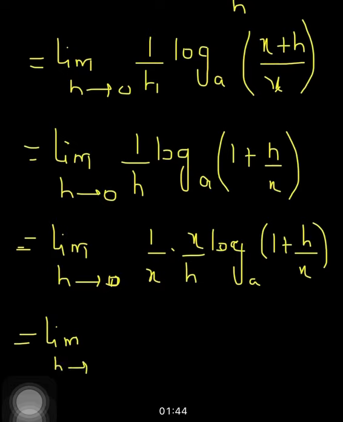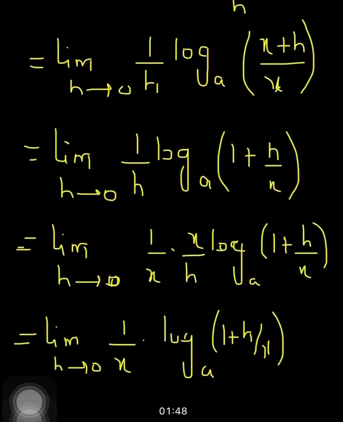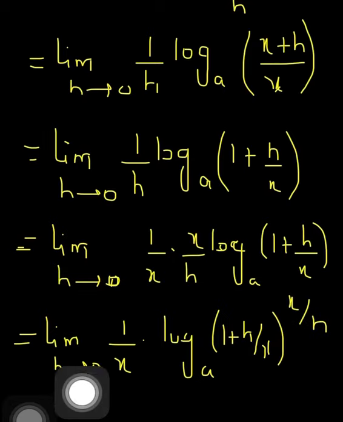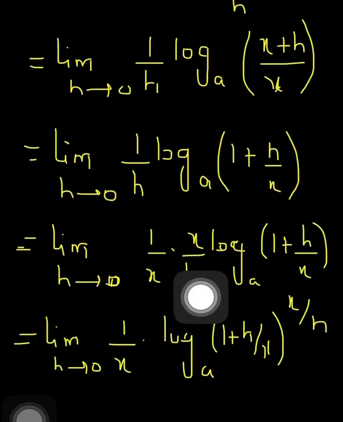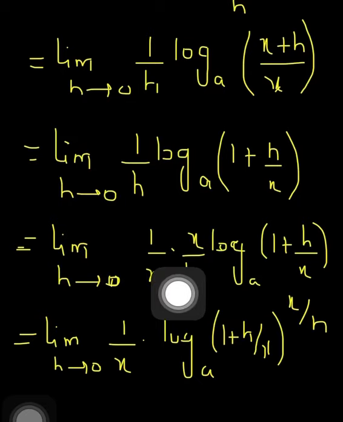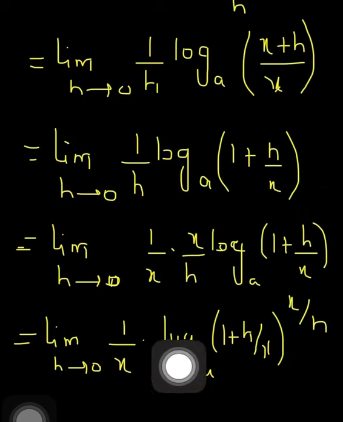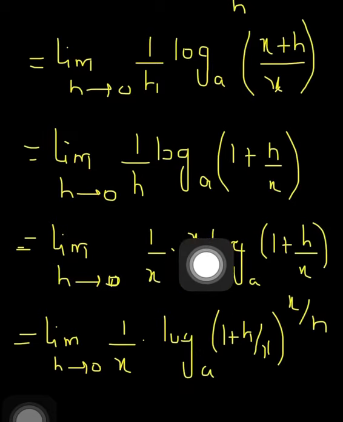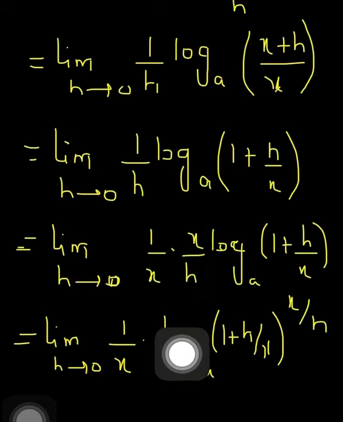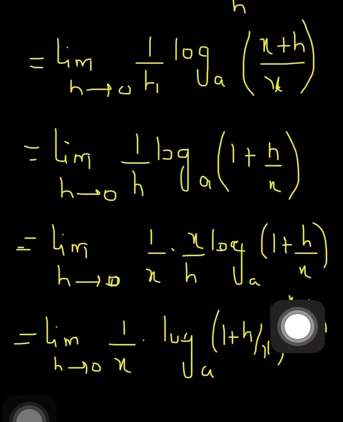Now simplifying it, limit h approaches 0, 1 over x log base a of 1 plus h over x. Here I am again using a property of the log: if some constant is multiplied, then I can write it as the power inside the log. So this x over h I can write as the power of this function.